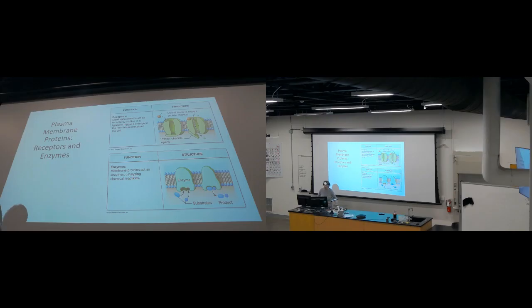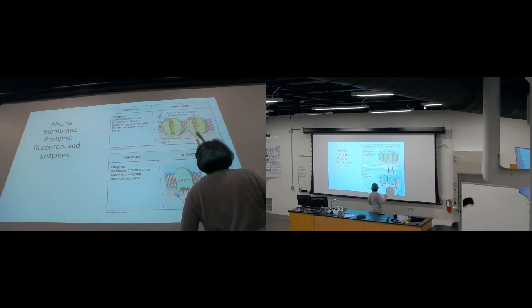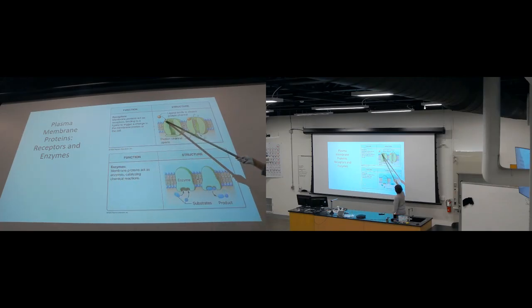Now, the receptors, they have an external part that fits a molecule. In this case, this will be a ligand. So the ligand fits specifically into this little part of the protein, and that ligand will make this gate from the channel open so that the molecules can move across.